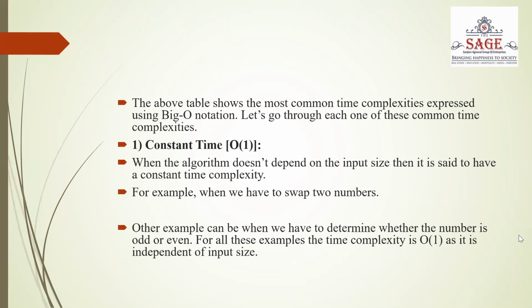For example, when we have to swap two numbers, the time complexity is constant time. Another example is determining whether a number is odd or even. For all these examples, the time complexity is big O of 1, as all of these are independent of input size.